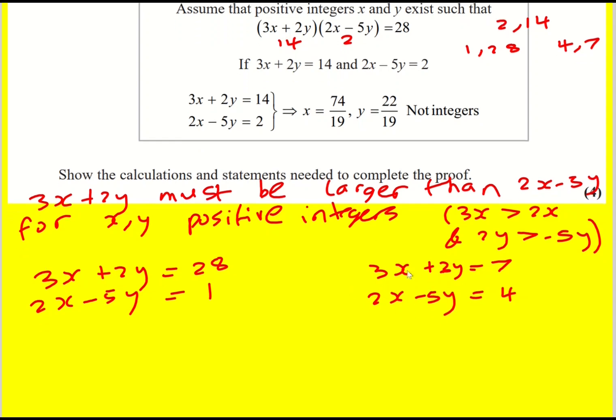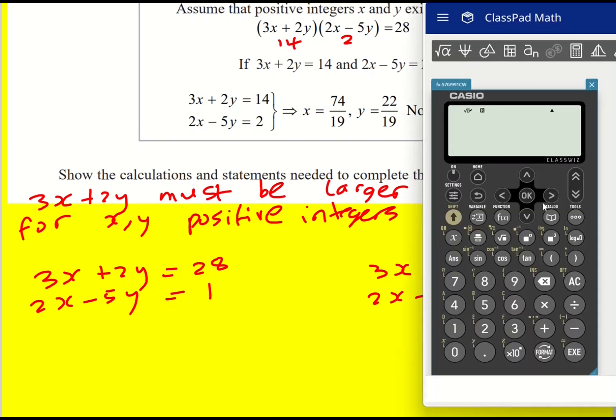And furthermore, we don't actually have to solve these by hand. We can put them in our calculator. It's absolutely fine. So we're going to go to Home, and then to Equation, simultaneous equations, two unknowns. Let's type it in.